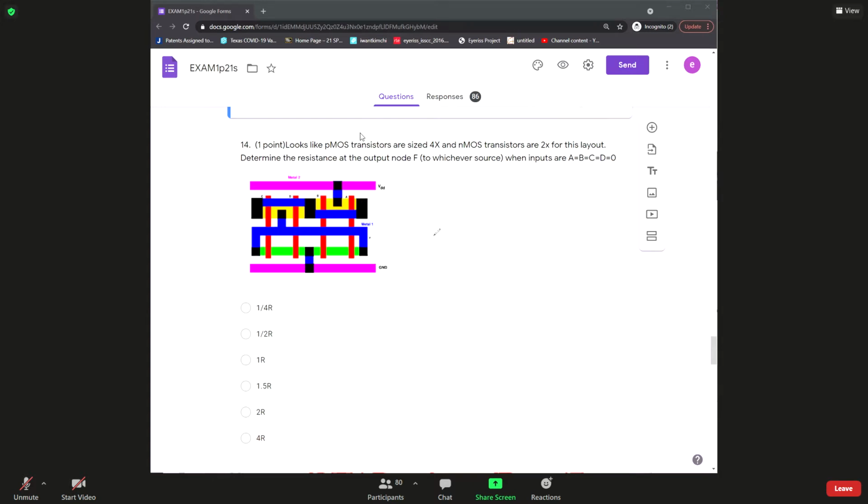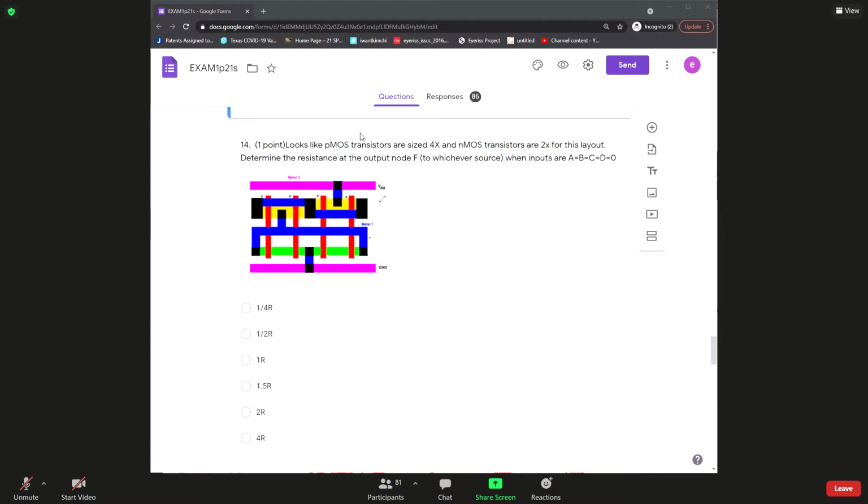Okay. So if I give you, I mean, we did that closer-to-reality resistance calculation when we were doing the metal wires. But when we're dealing with a layout like this, we're going to ignore that.